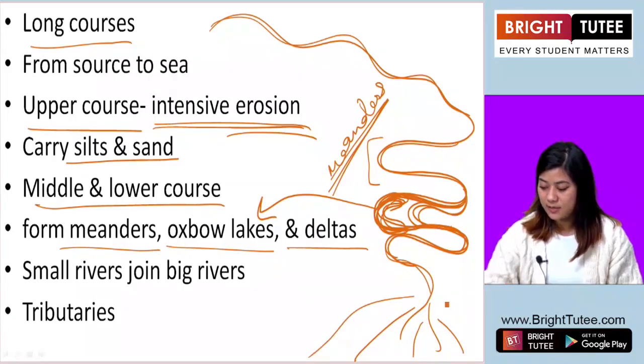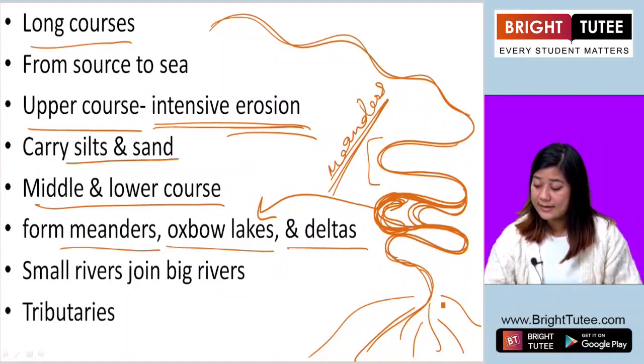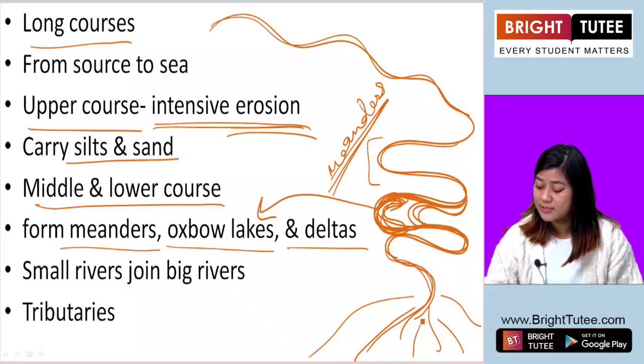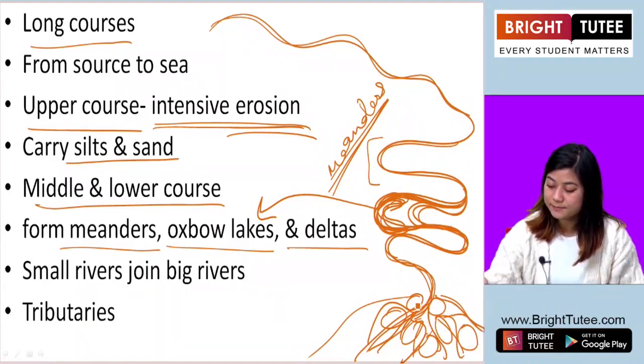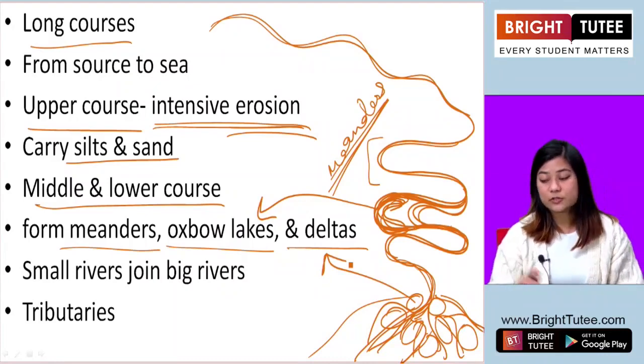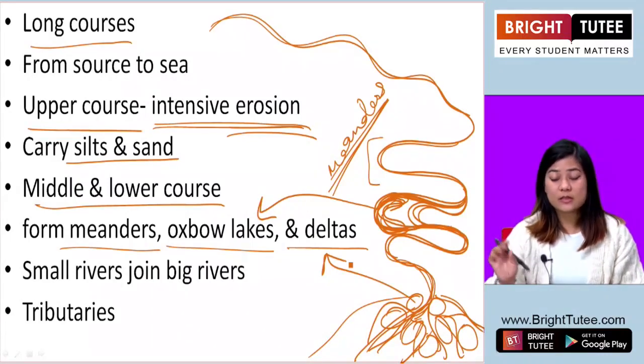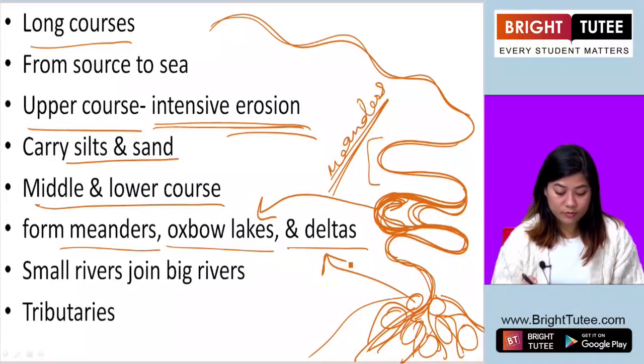This is the sea, and as they drain into various channels, they form tiny islands, and the water flows through them. These are called deltas. So these happen in the lower and the middle course.